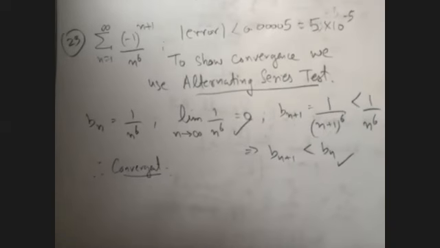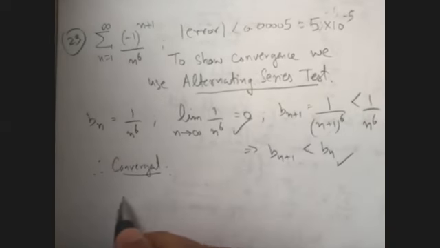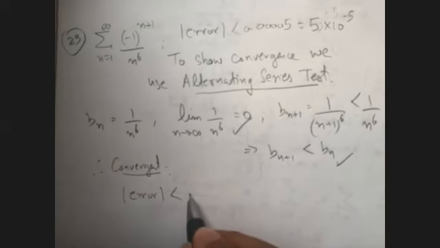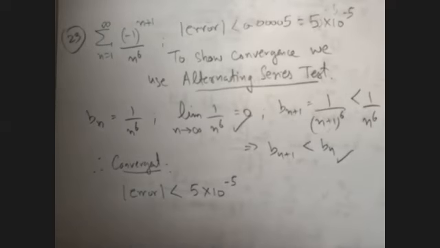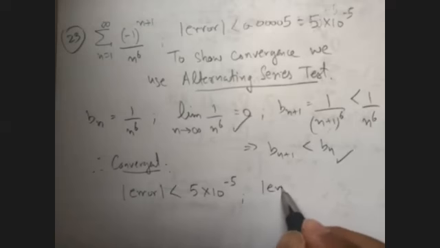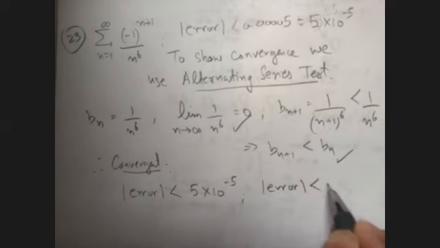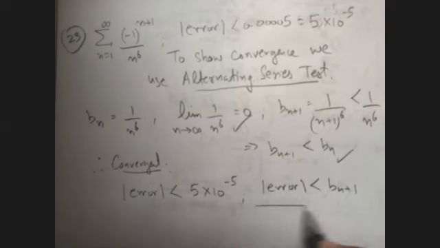Now what this means for error: first you have to remember that the error is bounded by Bn plus 1.